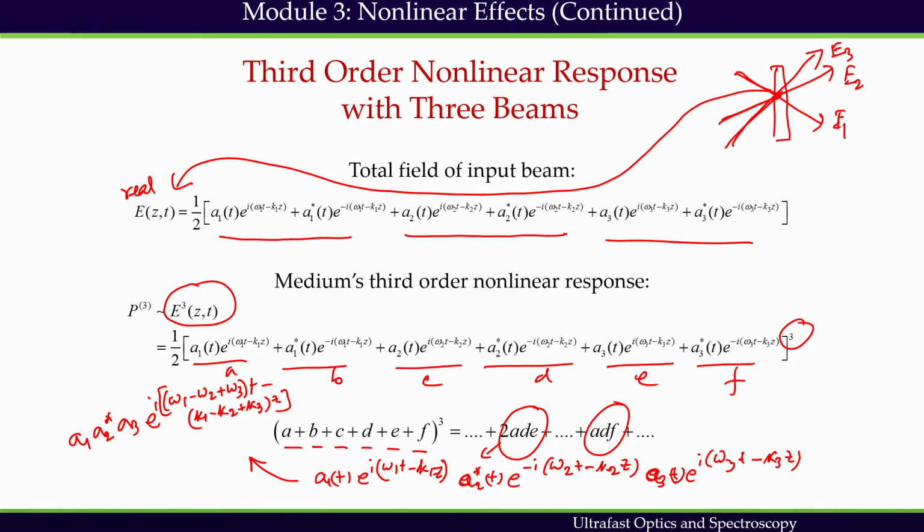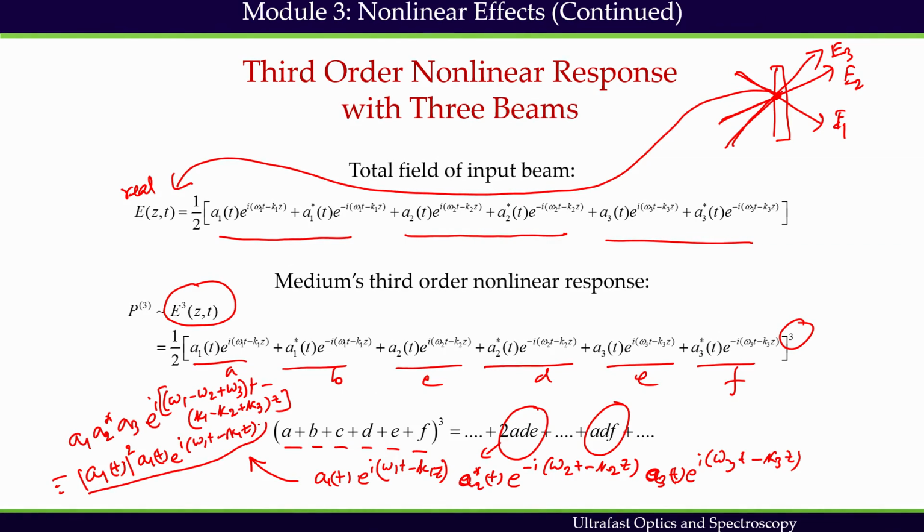If they are identical, then this equation will be reduced down to A1(t) modulus square, times A1(t) e to the power i(omega 1 t minus k1 z).